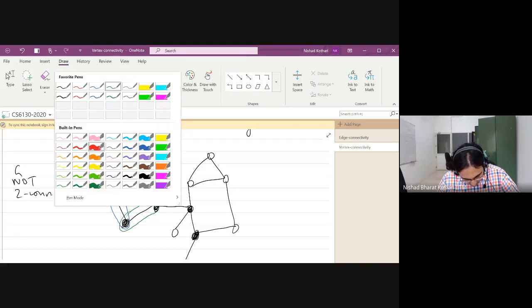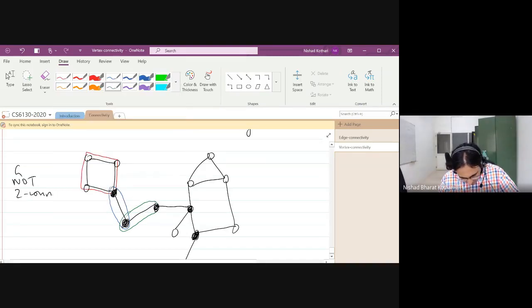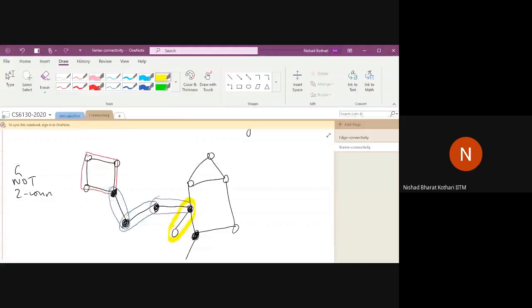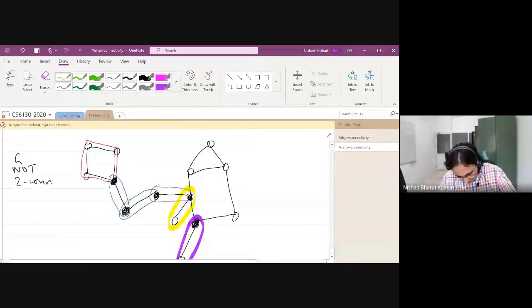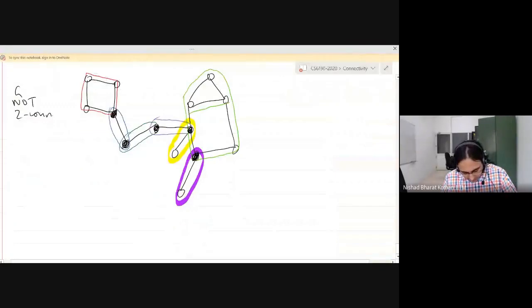This is yet another piece. Yet another piece. One more. So you can think of the graph as formed of roughly 1, 2, 3, 4, 5, 6, 7 pieces here. Okay.